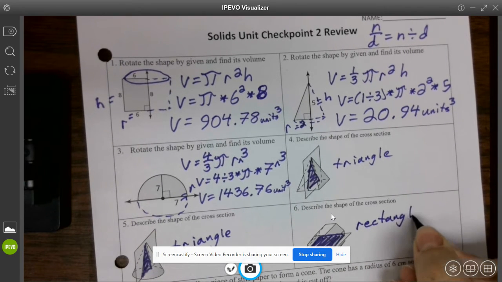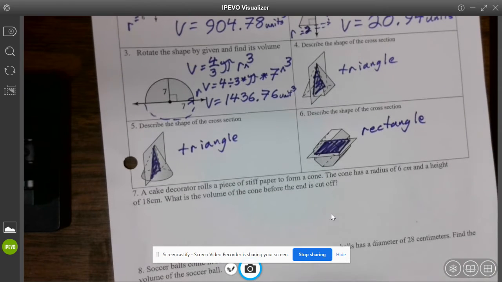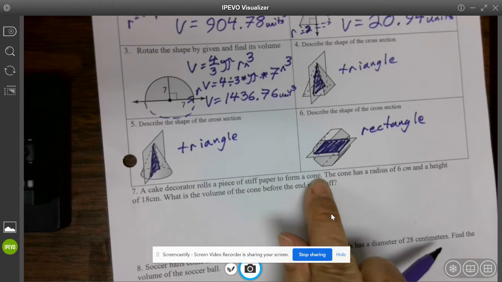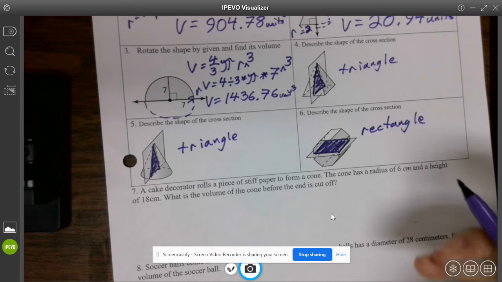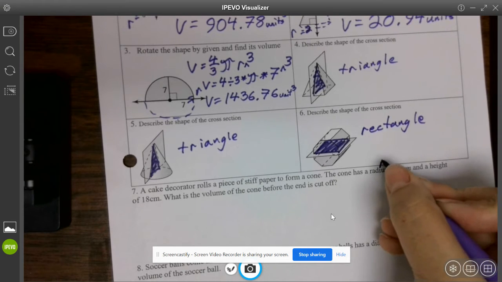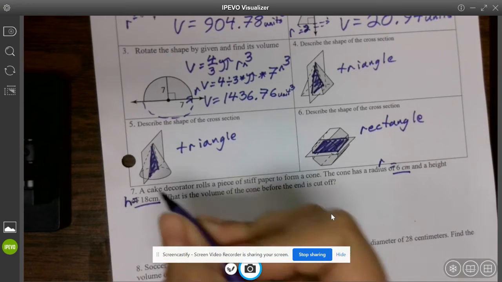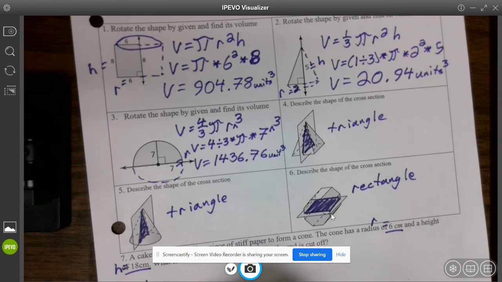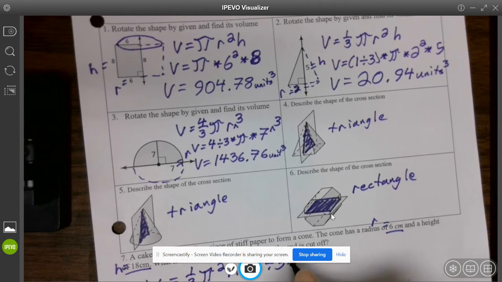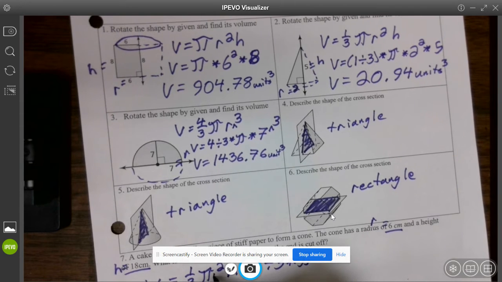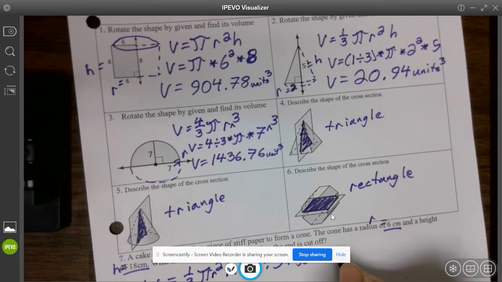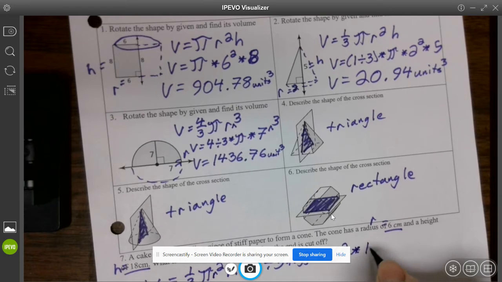We're cutting it. Okay. The cake decorator rolls off its tip to form a cone. The cone has a radius of 6 centimeters and a height of 18. What's the volume of the cone? It's going to be 1/3 pi r squared times the height. So 1 divided by 3 times pi times 6 squared times 18.